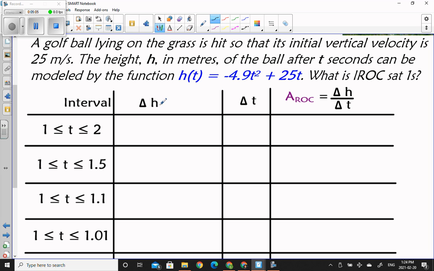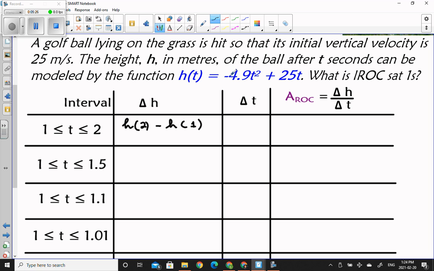So the change in height between the intervals of t greater than or equal to 1 and less than or equal to 2 will be another change in h, which is h2 minus h1, right? And that would be using this equation that we have for height.